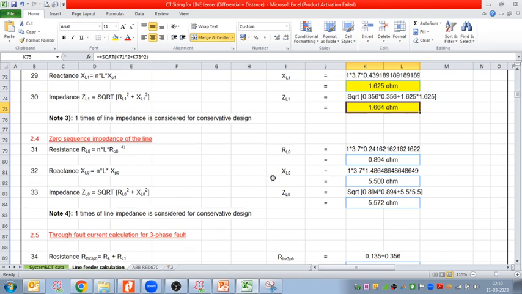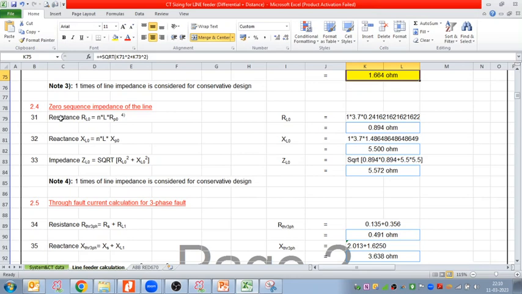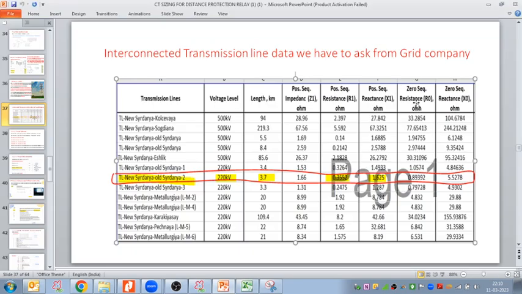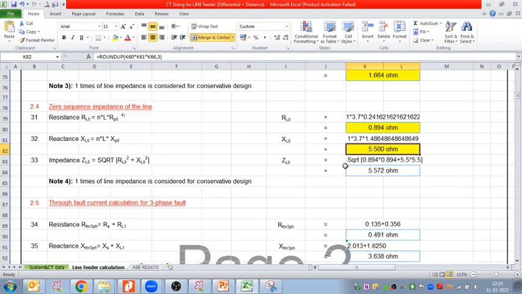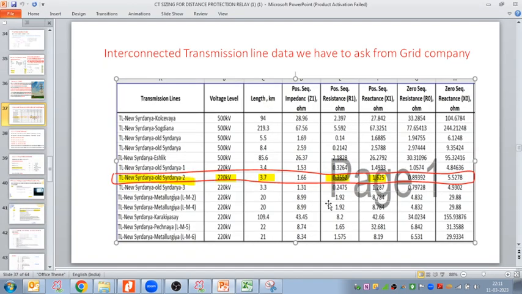Now the same exercise I did for the zero sequence impedance also. If you see zero sequence, the resistance and reactance are the same as we received as input here, so I can put here 0.89 and 5.5722, and the zero sequence impedance is the square root of something that we can calculate, right?